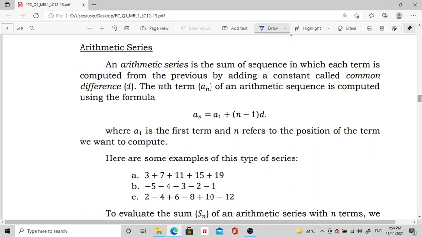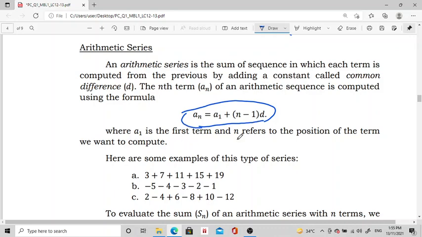Now we talk about arithmetic series. Pag sinabi nating arithmetic series, it is the sum of a sequence in which each term is computed from the previous by adding a constant called common difference. So that's our keyword here. We know it's arithmetic if there is a common difference. And we use this formula para mahanap ang isang missing term.